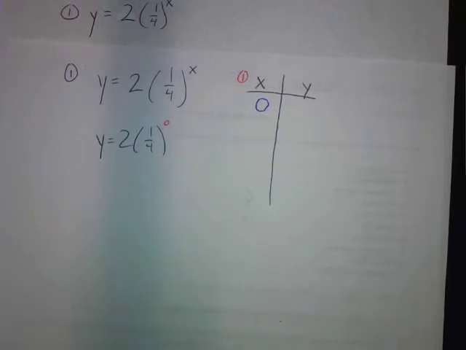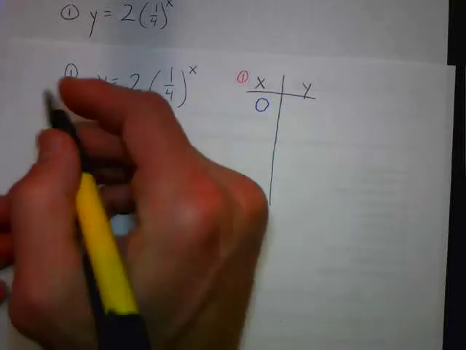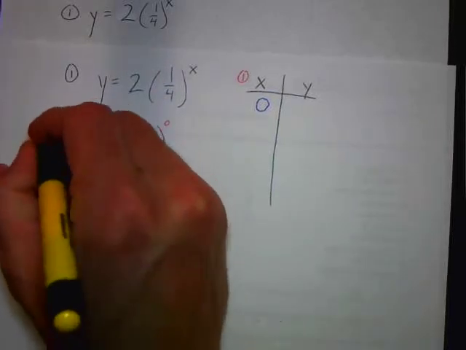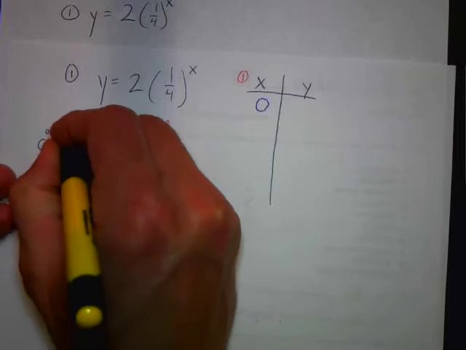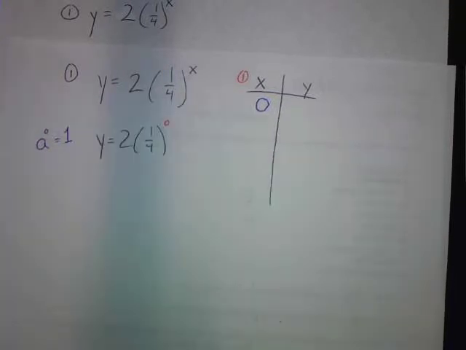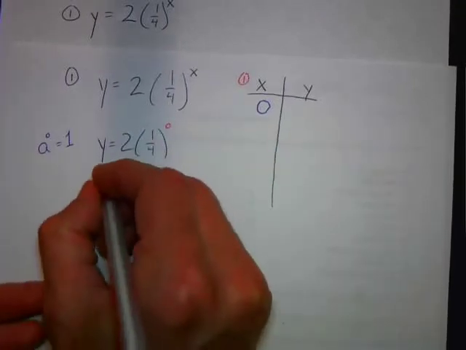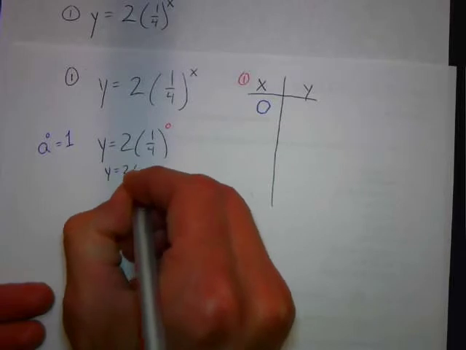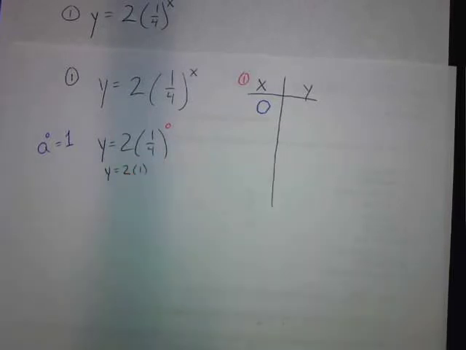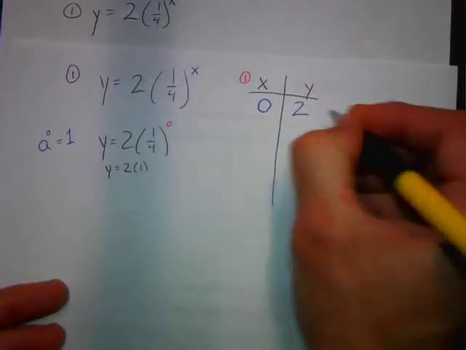This substitution of x equaling 0 brings in a law. Anything to the 0 power is equal to 1. So 1/4 to the 0 power is actually 1. So we'd be looking at y equals 2 times 1, which of course is 2. So if x is 0, y is 2.